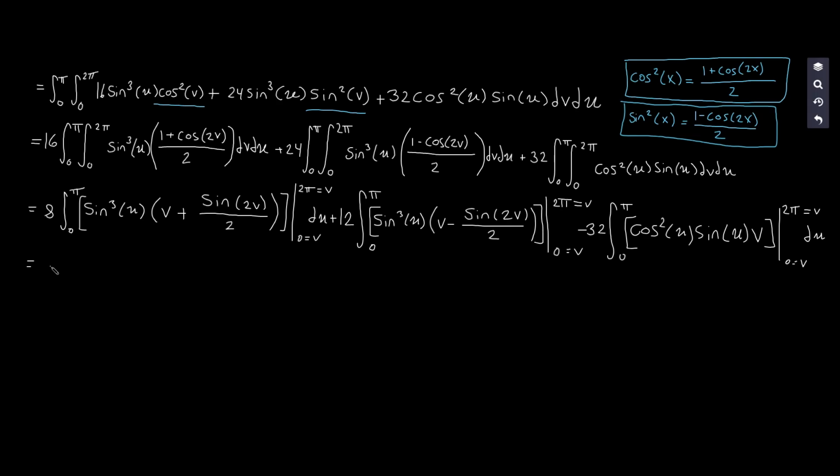So we're going to have 8 times the definite integral from 0 to pi. What are we doing here? It's the sine cubed of u times 2 pi du plus, let's evaluate this at the bounds of integration.